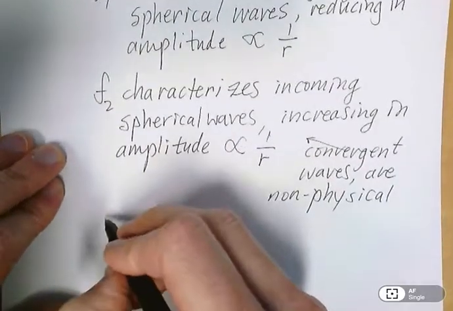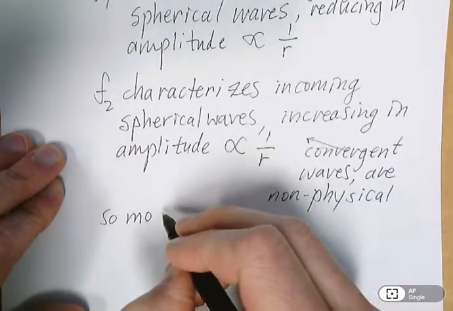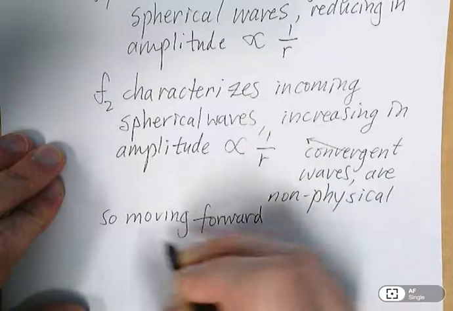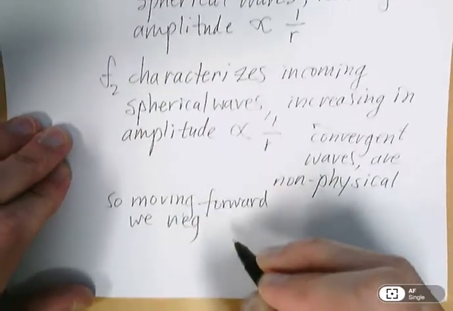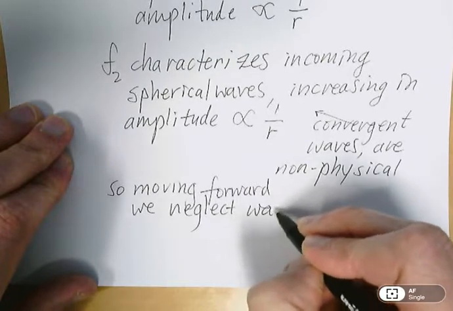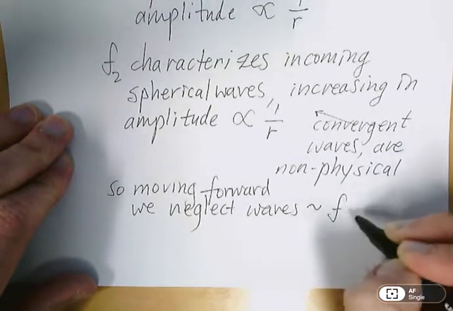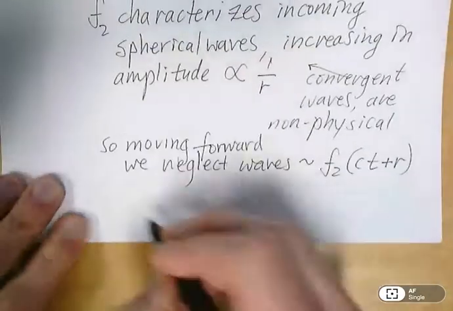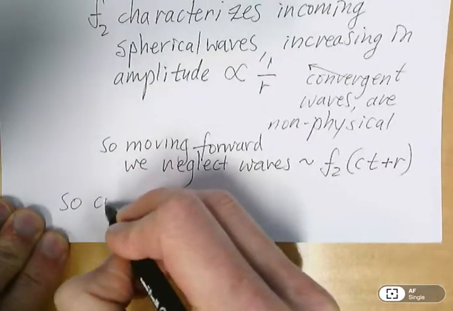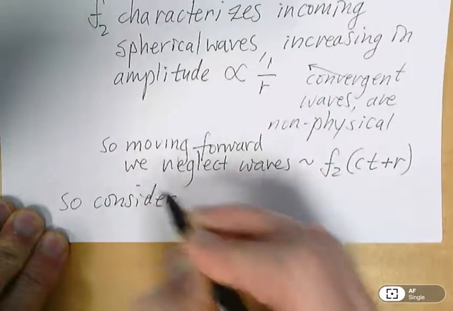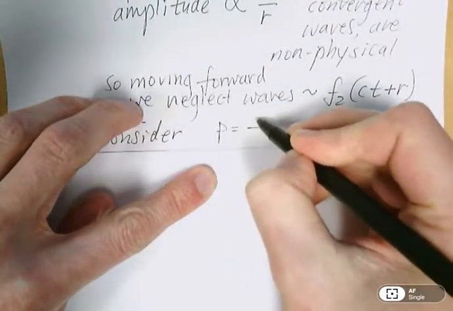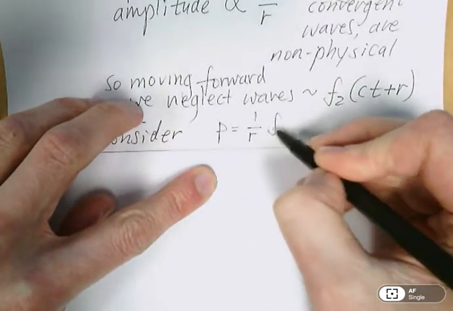So moving forward, we omit or we neglect the waves associated with this F2, and instead only consider waves of the form 1 on r of the function ct minus r.